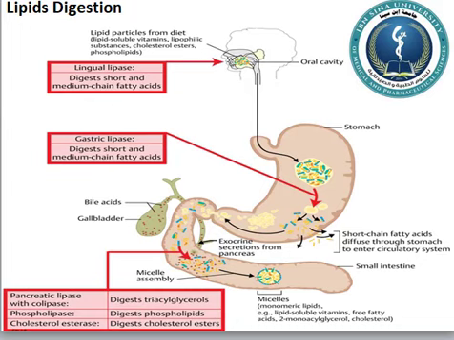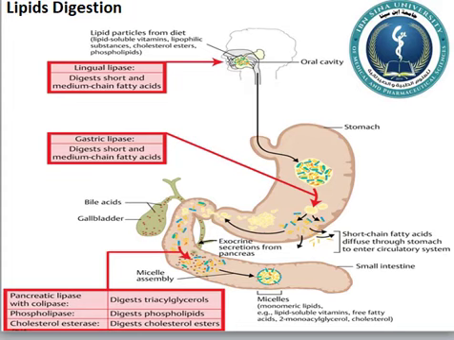This processing firstly occurs in the stomach with the aid of the acidity, and also with the aid of the gastric lipase. But gastric digestion constitutes only 10 to 30% of lipid digestion, while the remainder of the lipid digestion occurs in the small intestine.